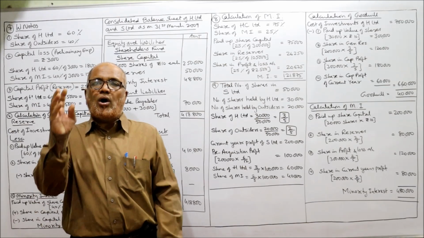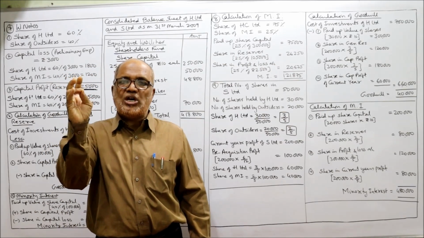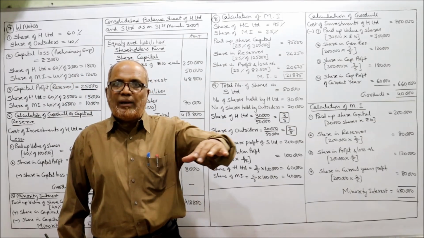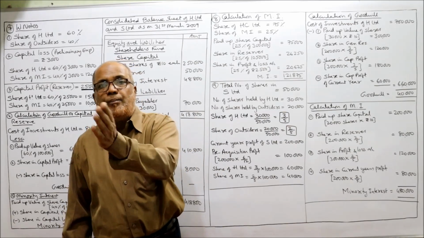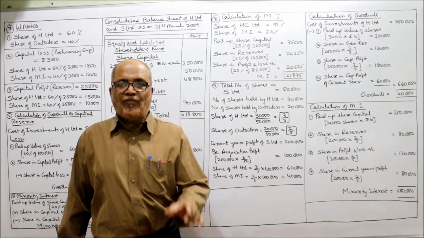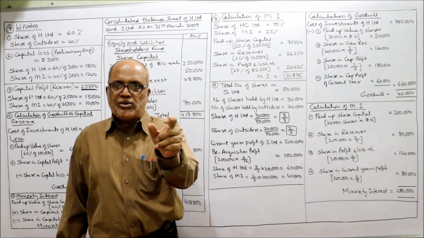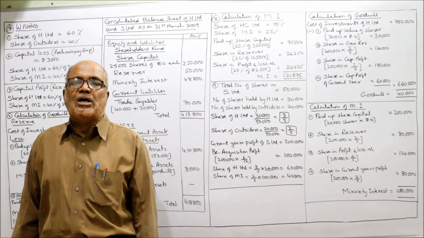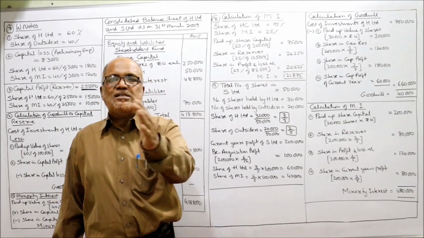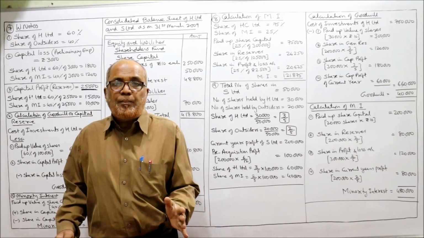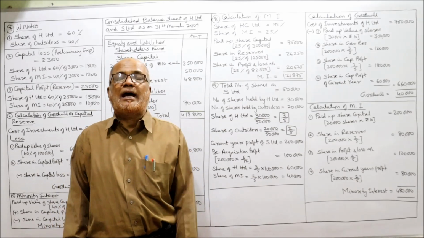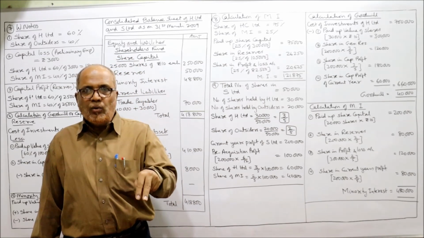So how many months? October, November, December, January, February, March. 6 months. So in the whole 12 months period, 6 months are post-acquisition, 6 months are pre-acquisition. So how much is the profit earned during the year? It is given S Limited has earned a profit of 2 lakh during the current year.